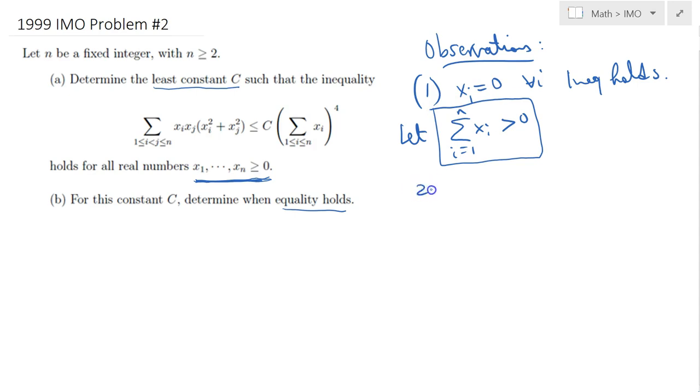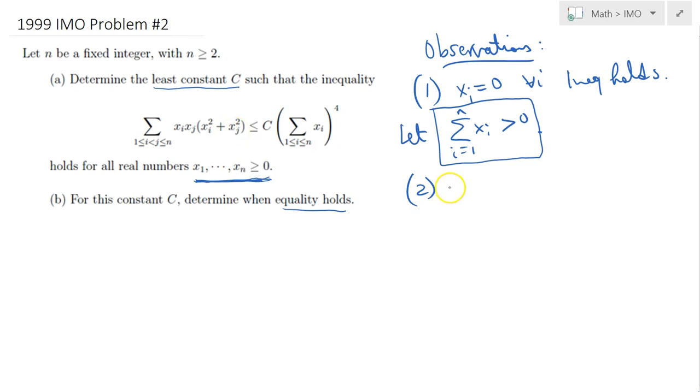But then we can even do more than that. Upon observing that both the left-hand side and the right-hand side of this inequality consist of functions which are both homogeneous of degree 4.